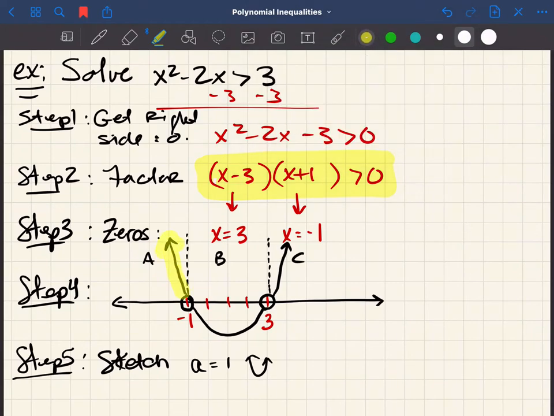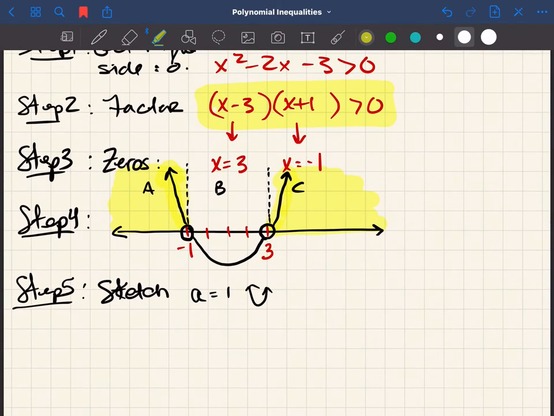Well, we can see that in region A and region C, we have y values that are above the x-axis. So that means that it's greater than 0. So all the x values that fall in this section and all the x values that fall in this section are going to satisfy this inequality.